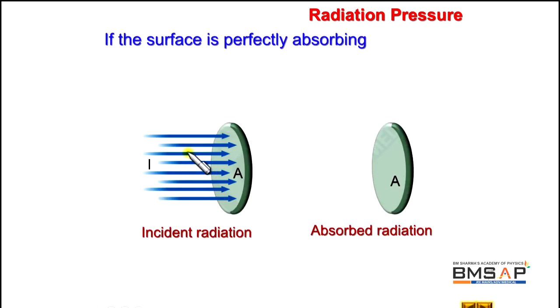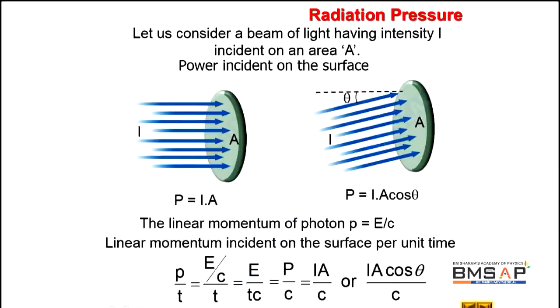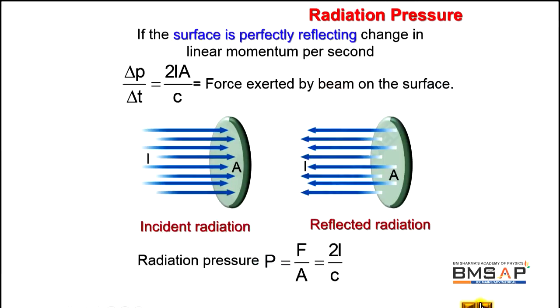That means the initial linear momentum is equal to power divided by C, and you can observe here the final linear momentum is equal to 0. Here we have calculated the incident linear momentum on the surface per unit time, that is P divided by C or IA divided by C, and the final will be 0.